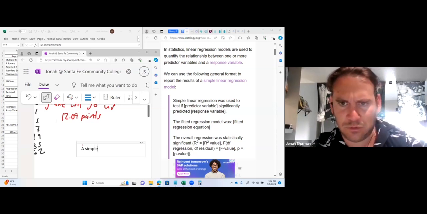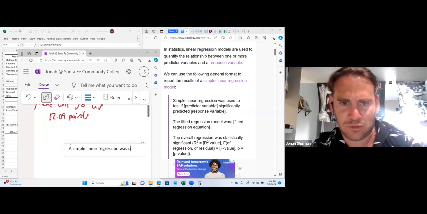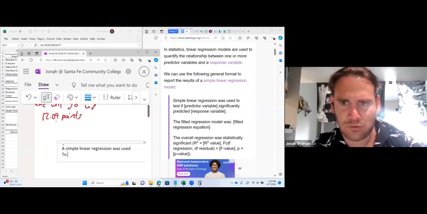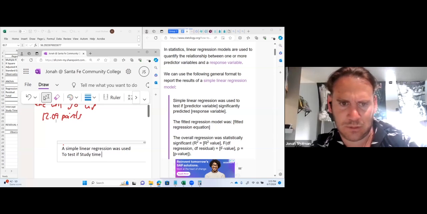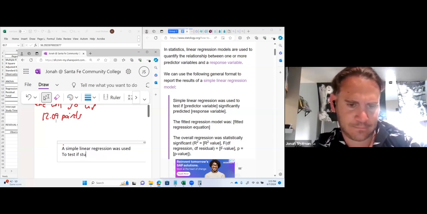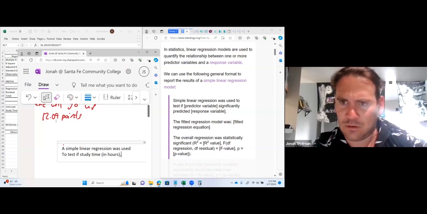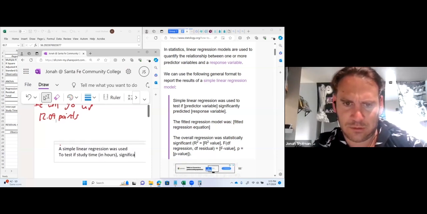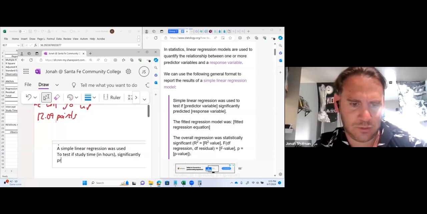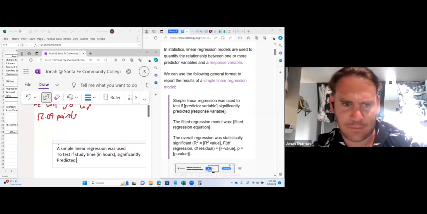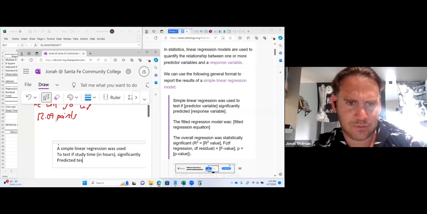A simple linear regression was used to test if study time in hours significantly predicted test grades.